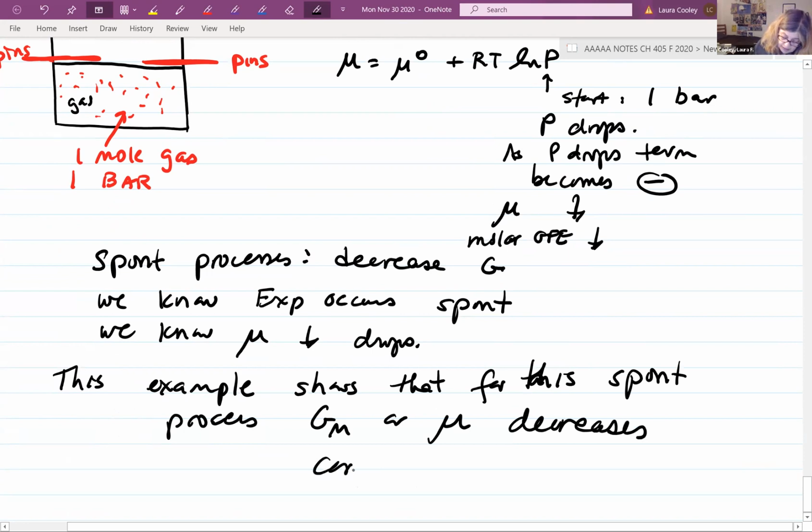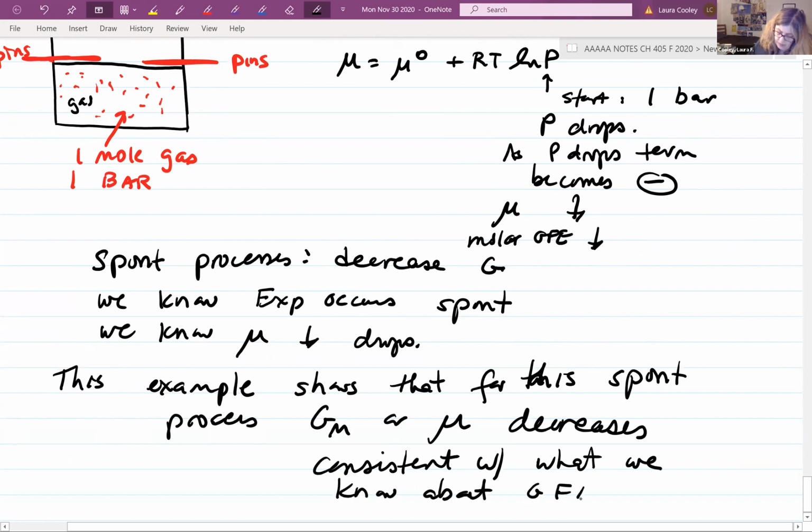So it's consistent with what we've learned about Gibbs free energy before. Okay, so I don't know if that helps a lot, but it's better than nothing. Okay.